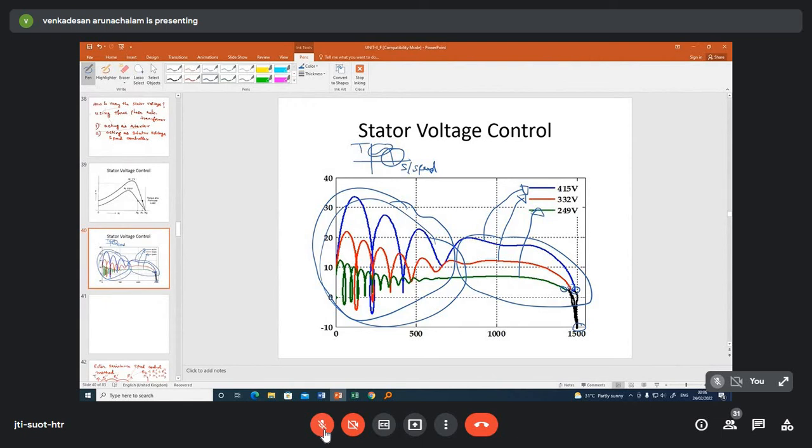This kind of high non-linearity, up to 500 RPM, is coming because of the transient of the induction motor. If you omit the transient and take only the average value, then you have to draw the trajectory like this, starting from the starting torque, and you have to take the trajectory like this.